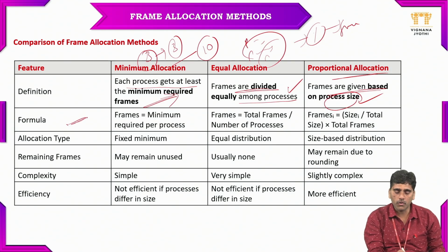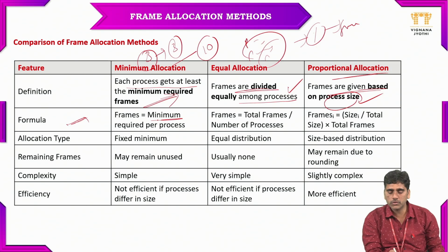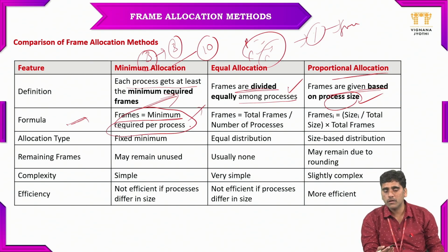And what is the formula? How are we going to calculate? For minimum allocation, frames equal the minimum required per process. How many frames are required minimum for each process? That is the minimum required number. For equal allocation, frames equal total frames divided by the number of processes.